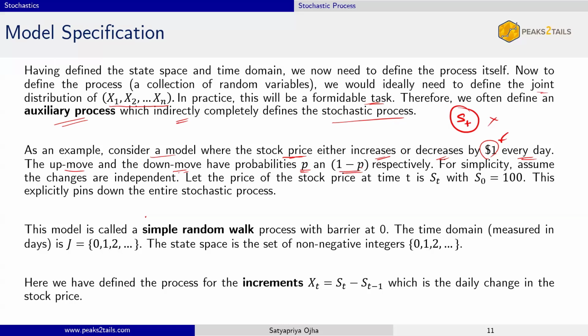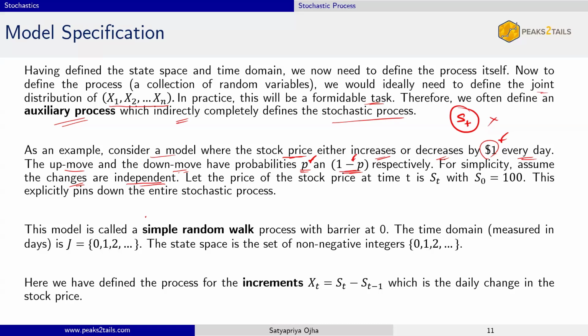Okay. And we will also impose that the changes are independent. An extremely simplifying assumption. What this basically means is if the stock price went up by $1 yesterday, that has nothing to do with what will happen tomorrow. Tomorrow I am also having the exact same probabilities.